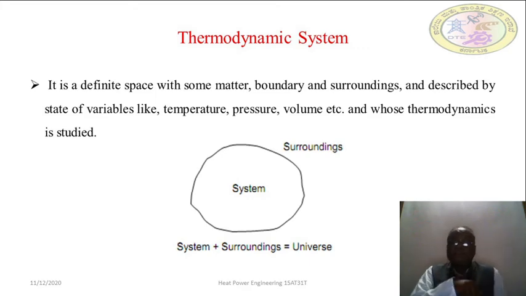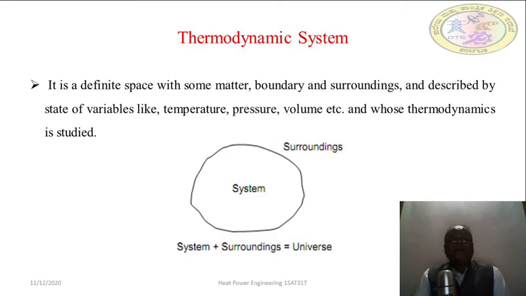It's a definite space because it's covered and has its own volume. It is covered with an envelope, the metal casing, and it has the surroundings all around. I'll take any one of the components beside it. All together form a thermodynamic system.